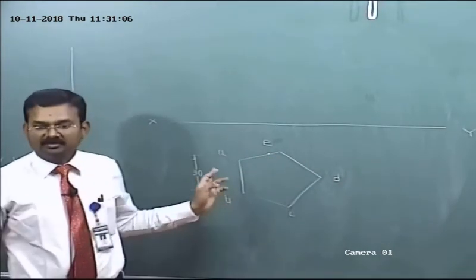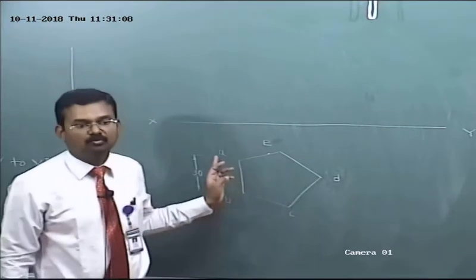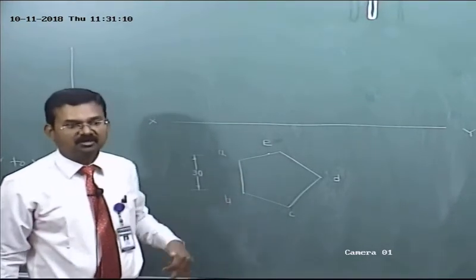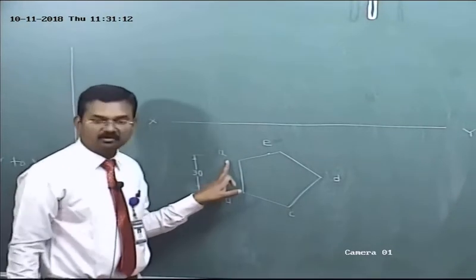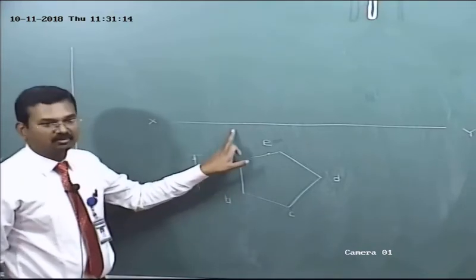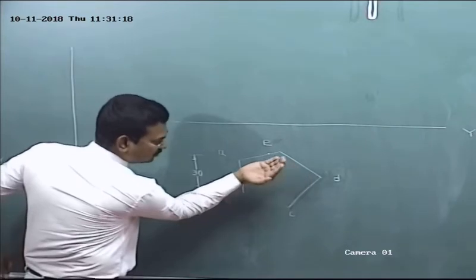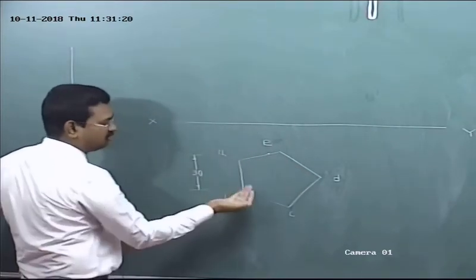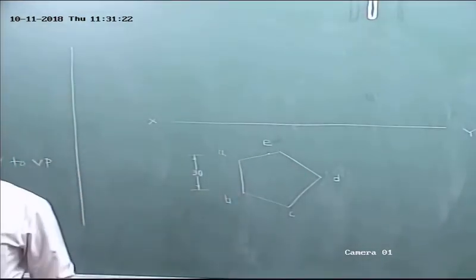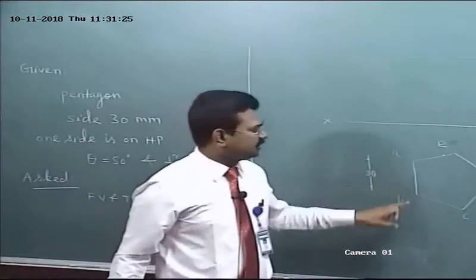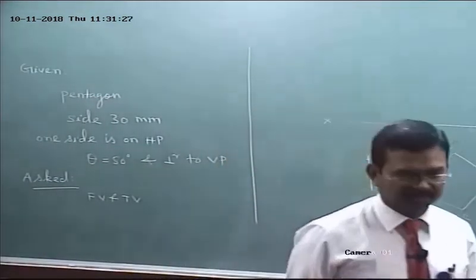It is given in our problem that any one of the sides is resting on HP. If you draw the side AB perpendicular to XY, then only while tilting the surface to make the angle 50 degree to HP, the side AB will rest on HP. So that is why the side AB is drawn perpendicular to XY.